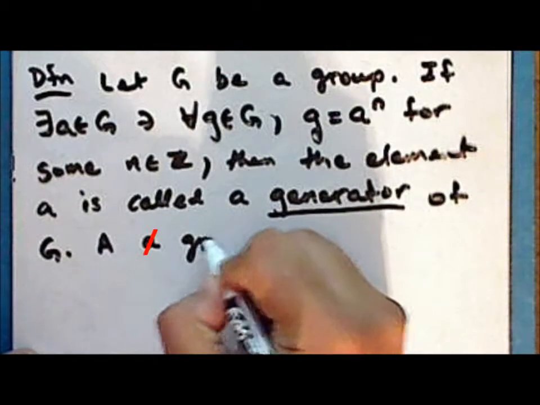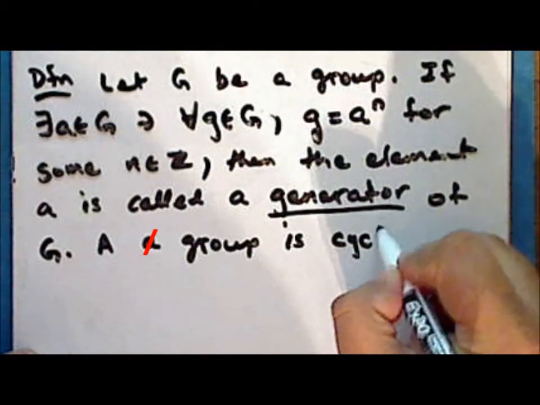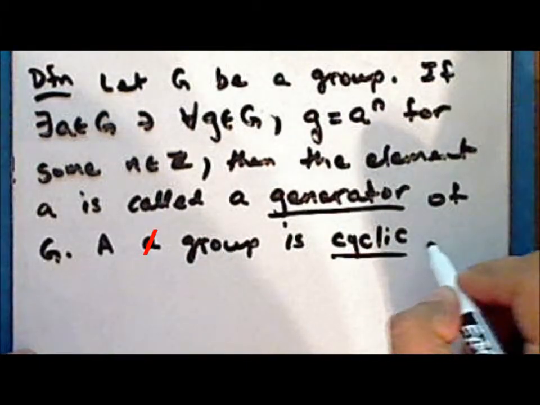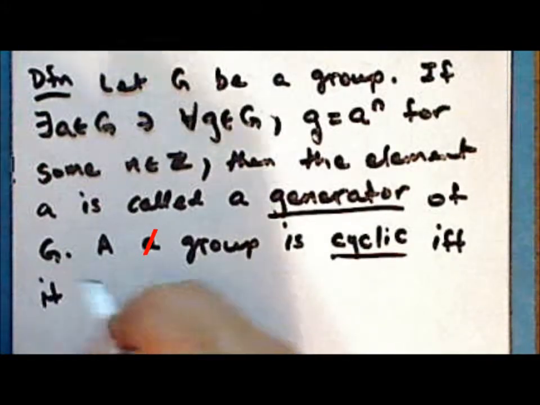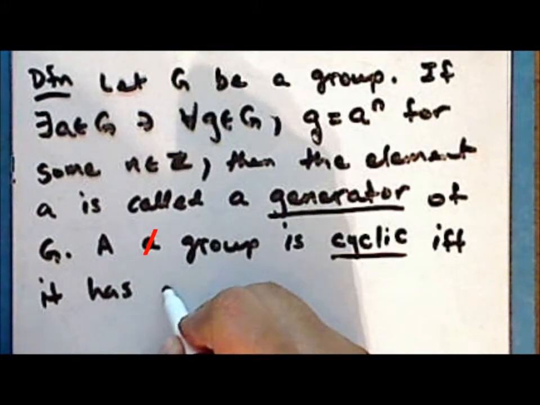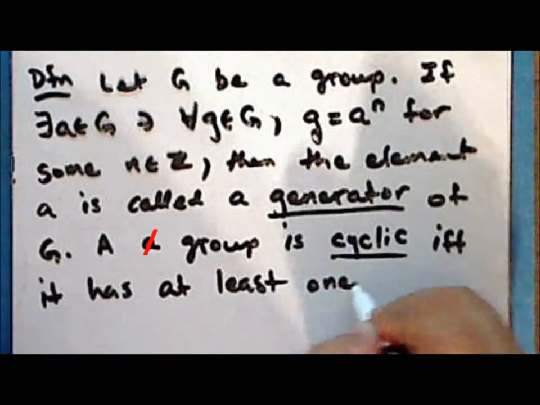A group is cyclic if and only if it has at least one generator.